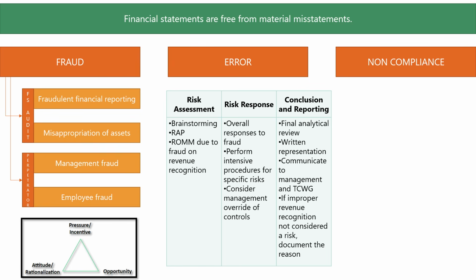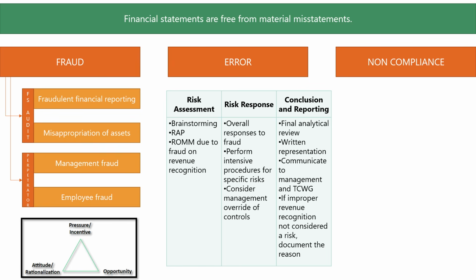We communicate to management and TCWG if there are instances of suspected or identified fraud. The general rule being that you report it to a level higher. So if you talk, for example, about minor fraud committed by low-level employees, this gets to be reported to the immediate higher level, like say senior management or middle management.